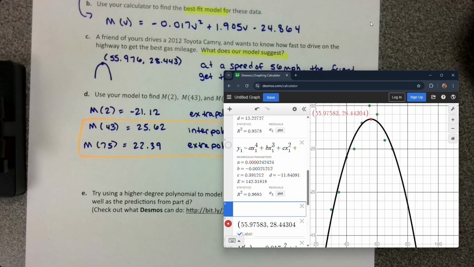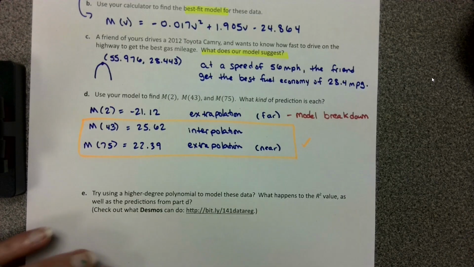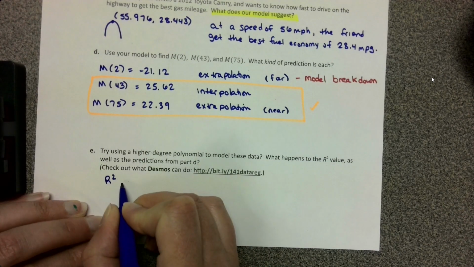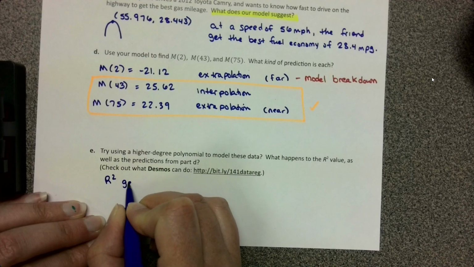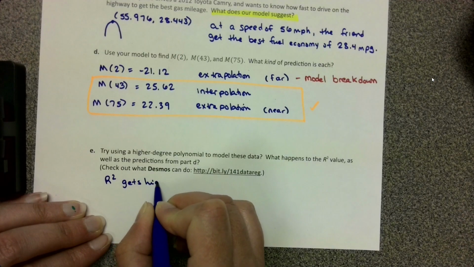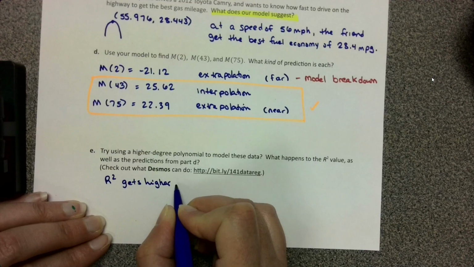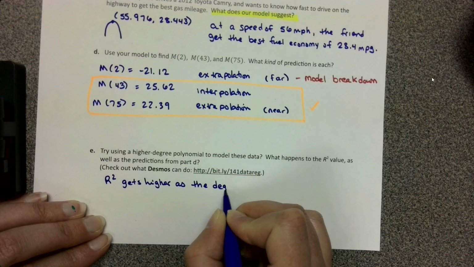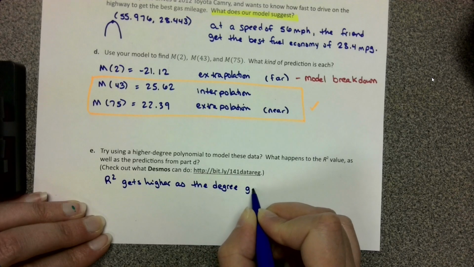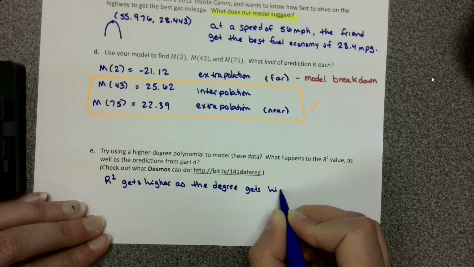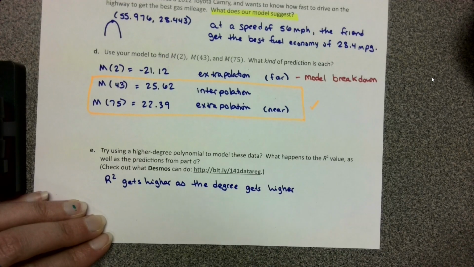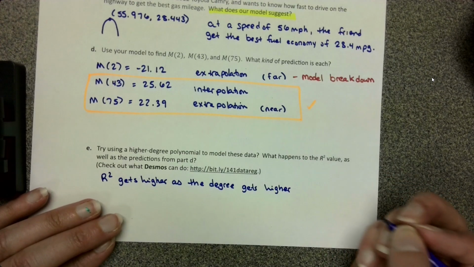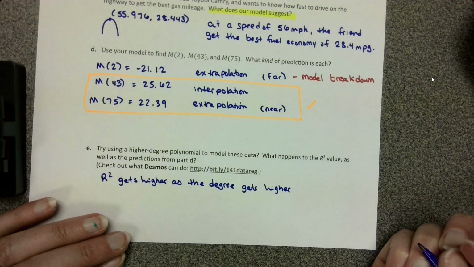So quick notes on paper here. So r squared gets higher as the degree gets higher. But that does not mean that the higher polynomial fits better. We need to look at turning points.